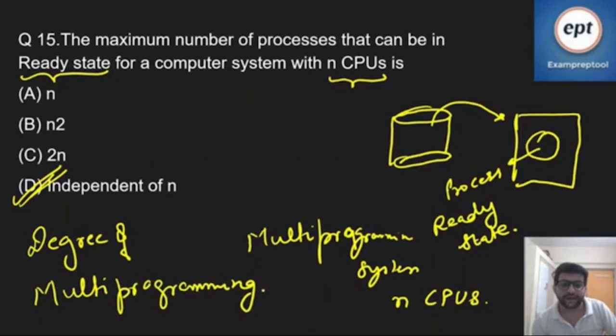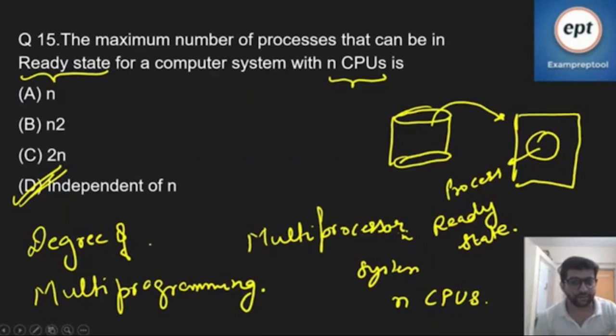Right? Which means that, sorry, this will not be multi-programming, it will be a multi-processor system. Right? And the degree of multi-programming, what is the degree of multi-programming? It is the maximum number of processes that can be in the main memory or in the ready state.